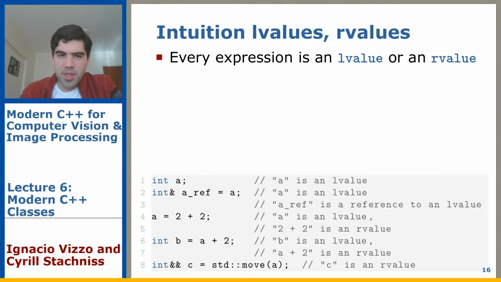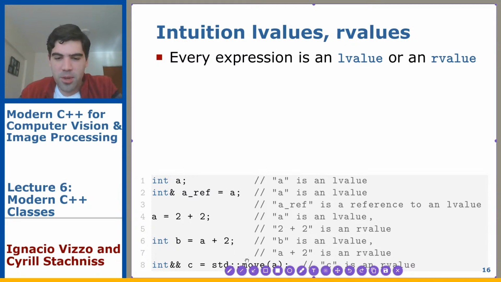To talk about move semantics, we need to have an intuition about L values and R values. This is actually really easy. It sounds more complicated than it is. Basically, L value is left value and R value is right value. So A is an L value because it's on the left side of the assignment, and this is usually split here.